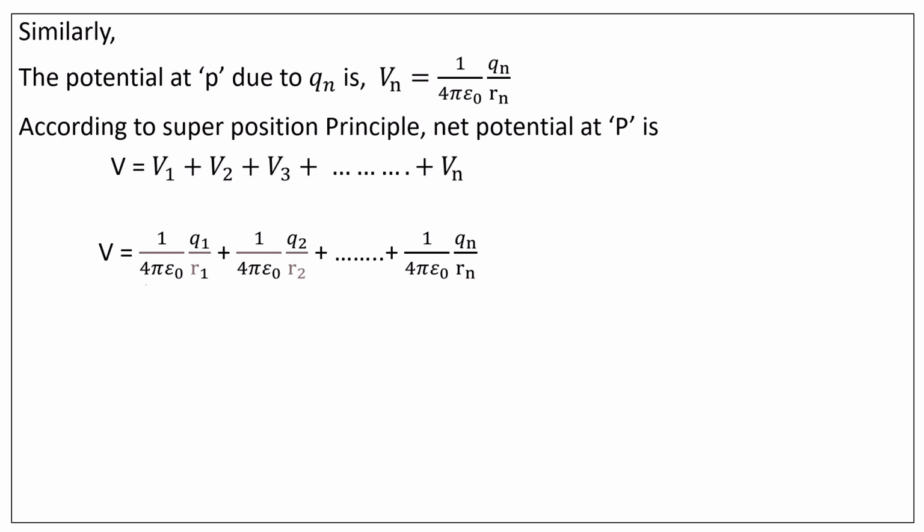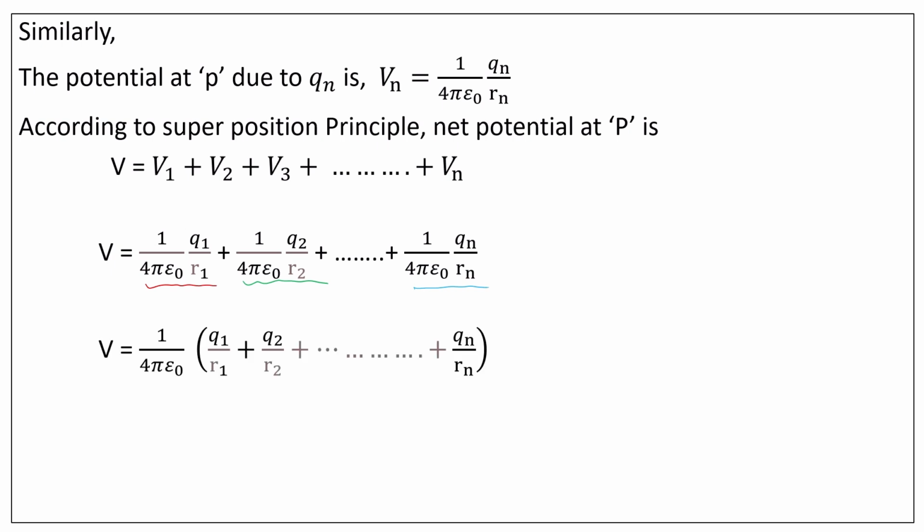Substitute values, we get V is equal to 1 by 4 pi epsilon naught into Q1 by R1 plus 1 by 4 pi epsilon naught into Q2 by R2 plus so on plus 1 by 4 pi epsilon naught into Qn by Rn. By taking terms common, finally we get V is equal to 1 by 4 pi epsilon naught, summation of i is equal to 1 to n of Qi by Ri.